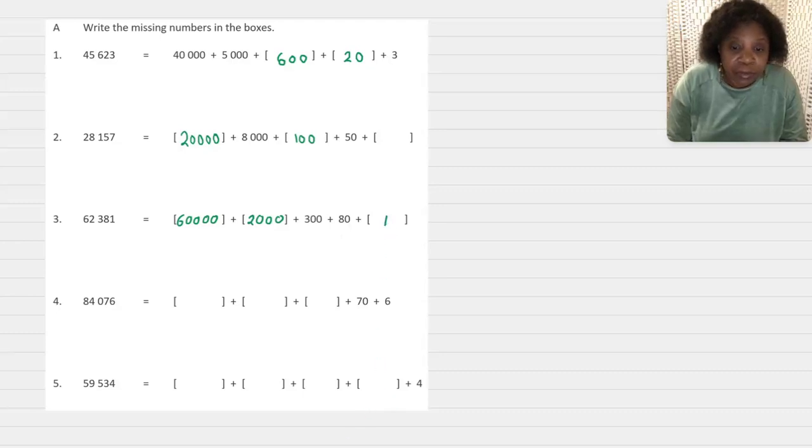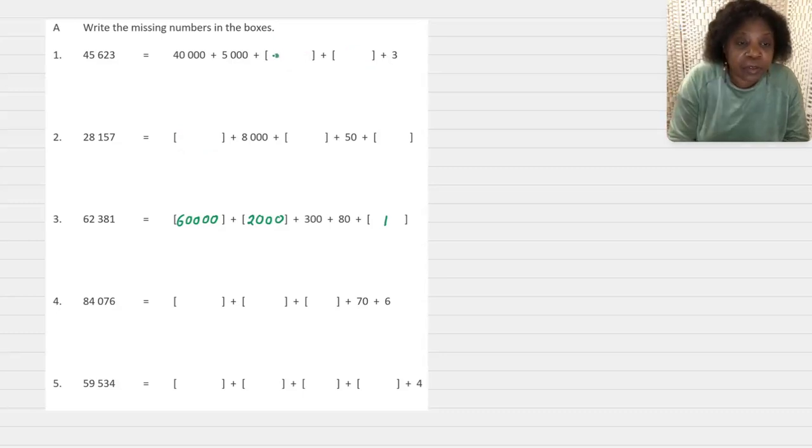So actually what I want to do is rewrite these numbers. They look a little bit funny, so I want to rewrite the numbers for questions 1 and 2. So here we have 600. That looks a bit better.